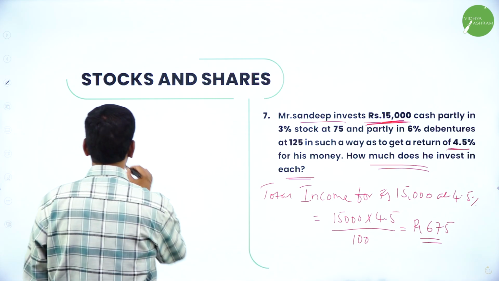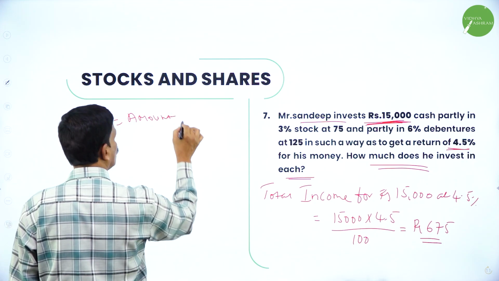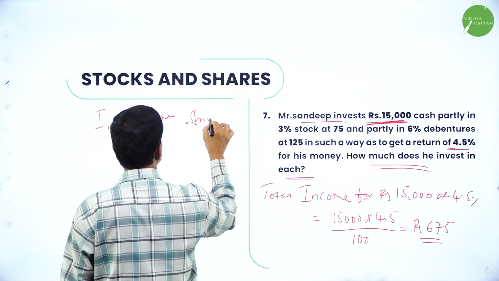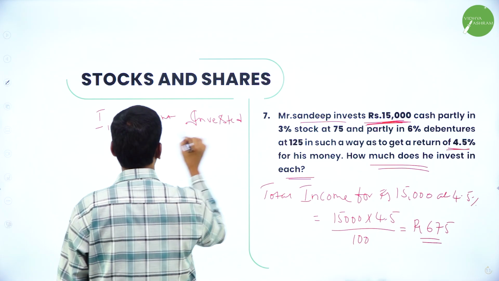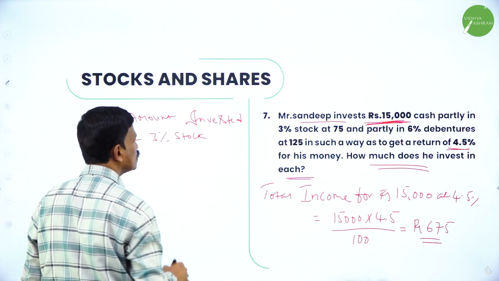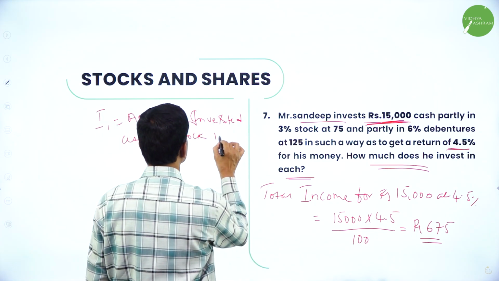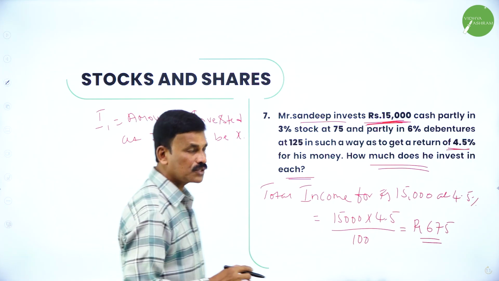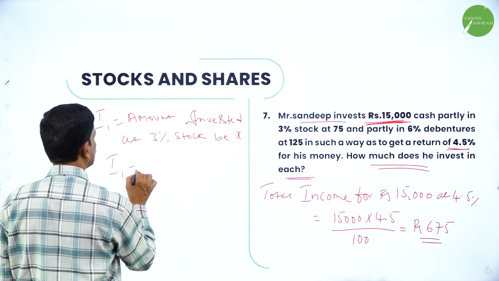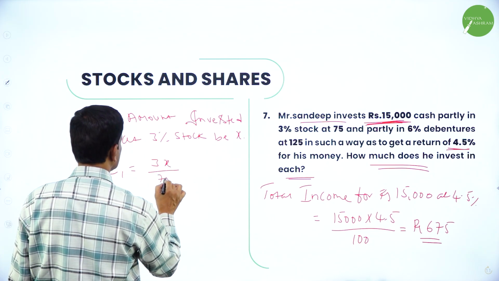Now first let us consider, let I1 be the amount invested at 3% stock, right? Let it be x. So therefore I1 can be written as 3x divided by 75.